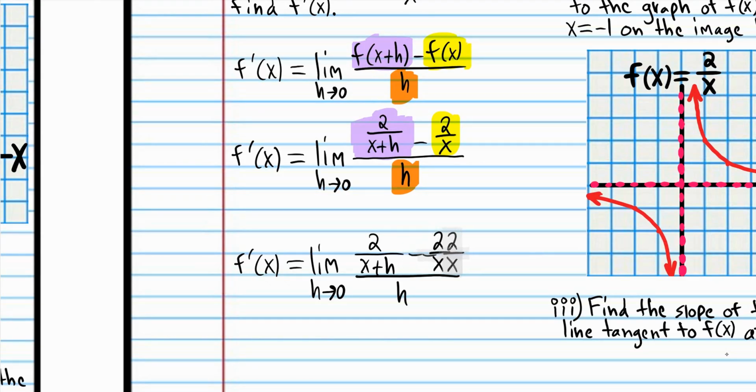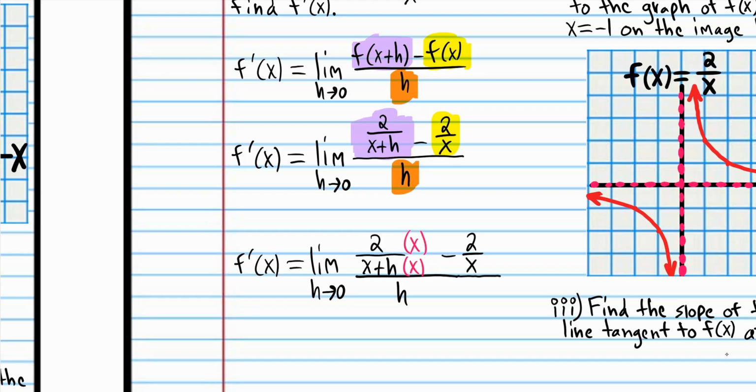And in order to do that, we have to combine the two fractions in the numerator. In order to combine the two fractions in the numerator, we have to have a common denominator. So I'm going to multiply both sides of this first fraction by x.